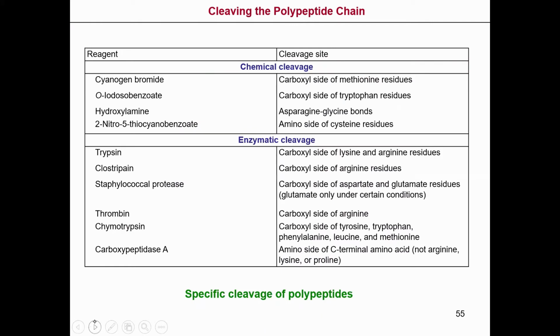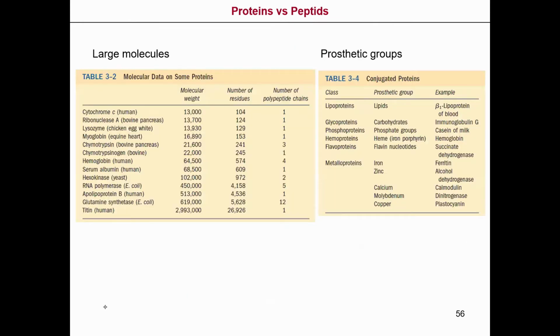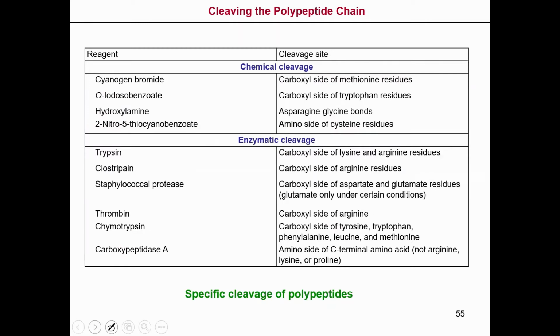In this table, you have the chemical reagents for specific cleavage of polypeptides. So you have chemical cleavage, for example, cyanobromide, where the cleavage site is the carboxylic side of methionine.